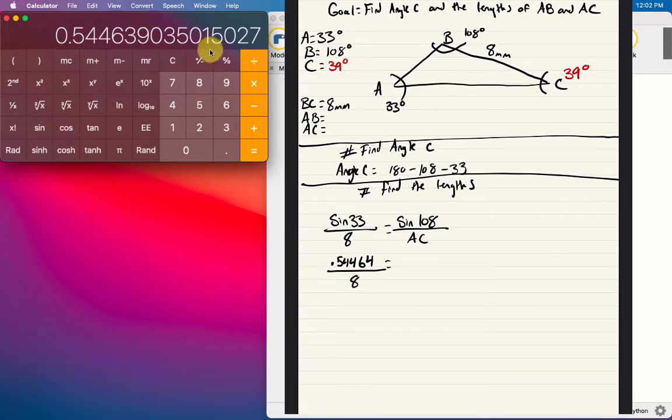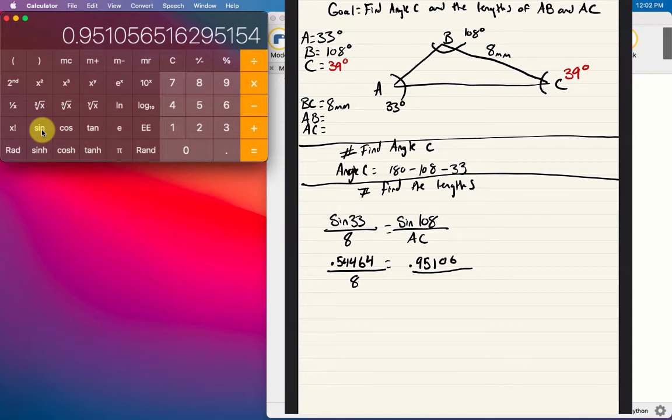And then we need our sine of 108. So we'll do 108 sine, and that's going to give us 0.95106.